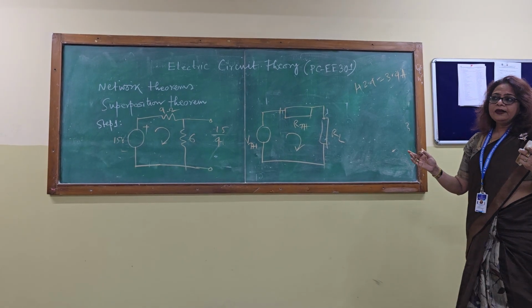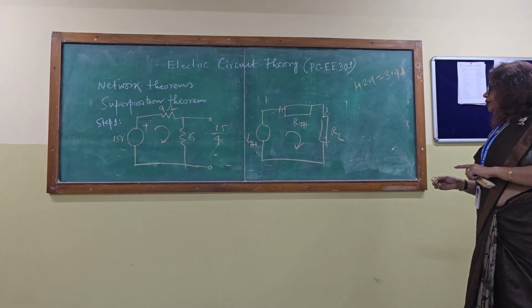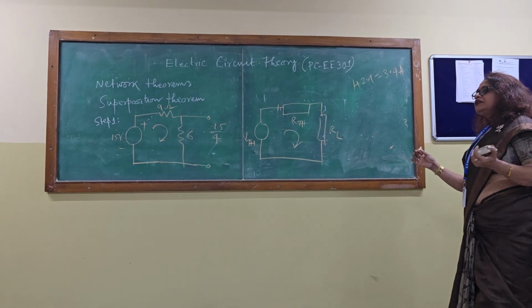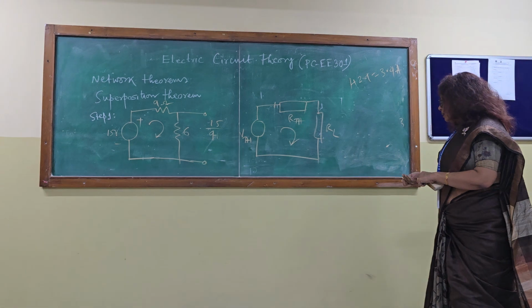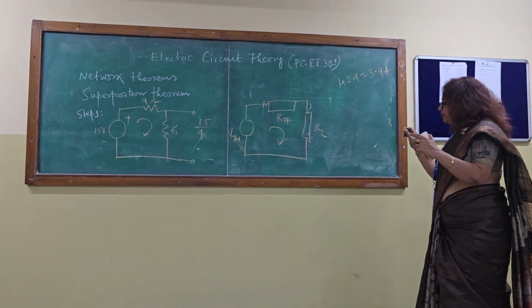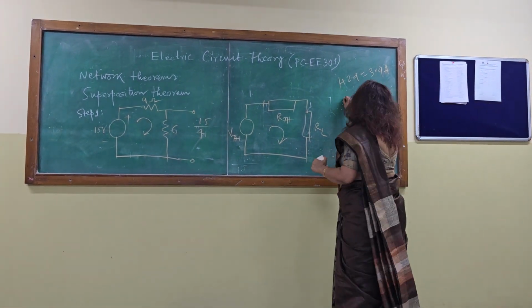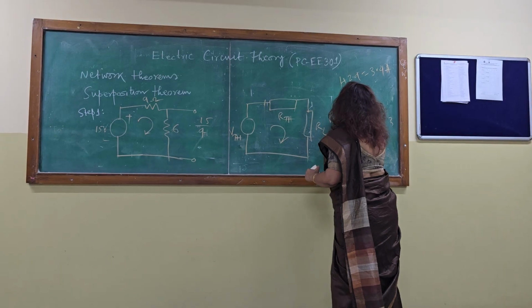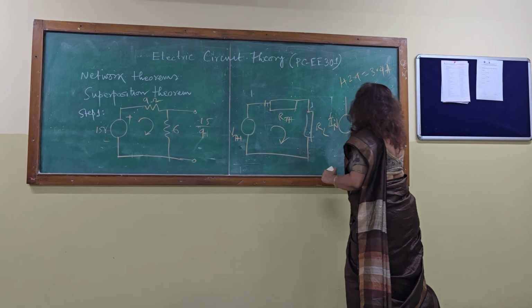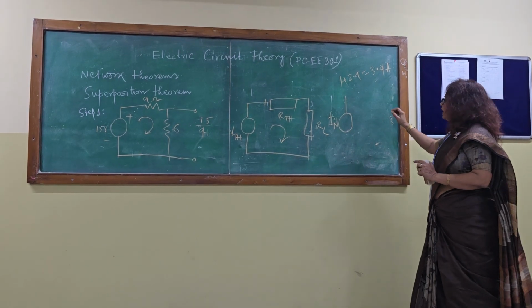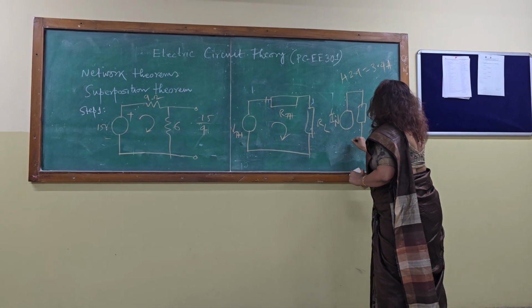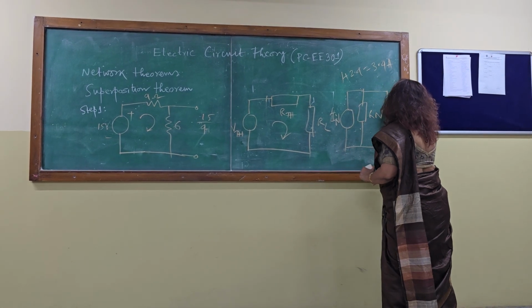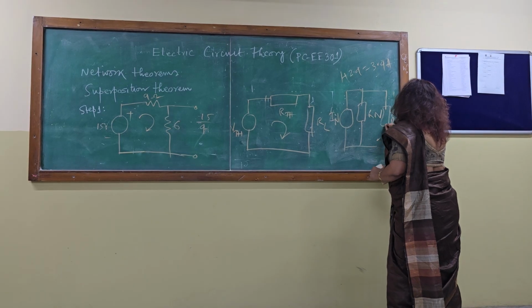Now we come to Norton's theorem. In Norton's theorem, the statement is that the linear bilateral network's total circuit will be like this: I Norton, that is the short circuit current, and R Norton, that is the equivalent resistance, will be in parallel, and the load will be parallel with that.